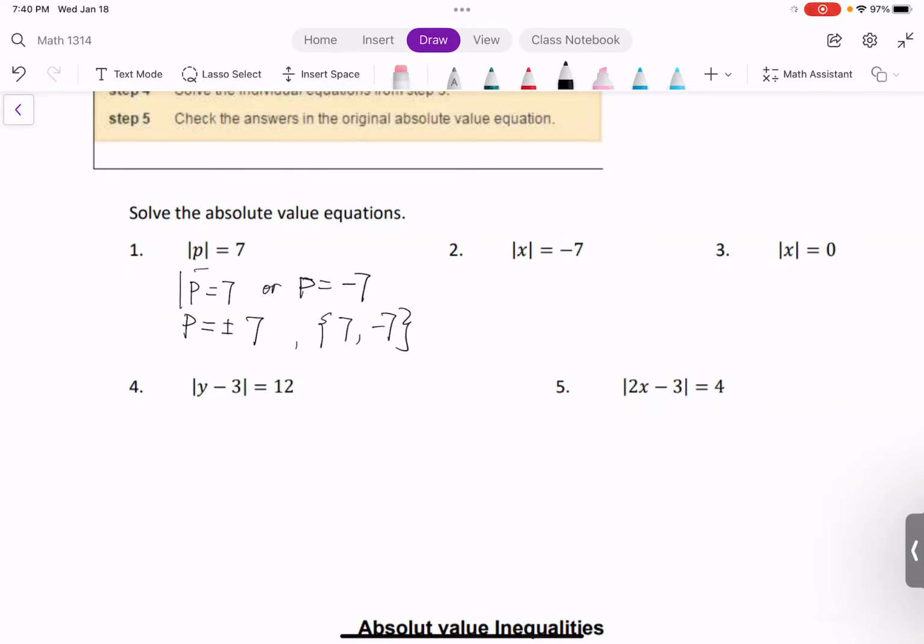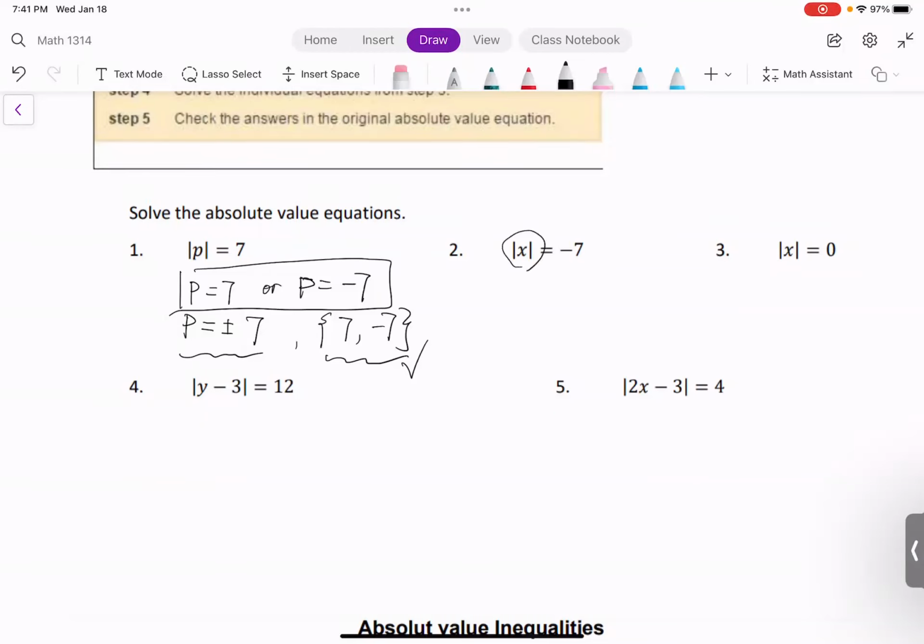So in your exam, you can give me this answer, or this answer, or this answer. You all get full credit. Don't worry if you didn't write the correct form, but I think MyMathLab prefers the set notation. Next example, absolute value of x equals -7.